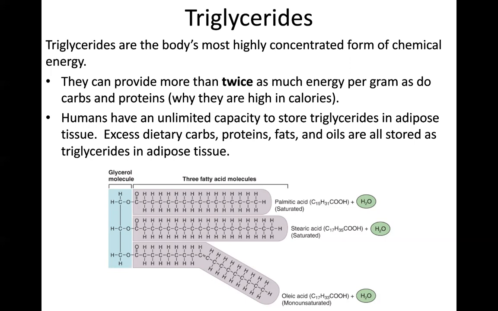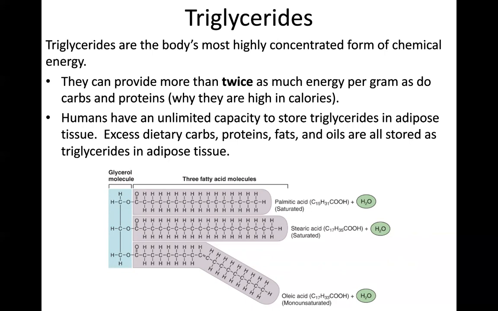Now, we all know what a calorie is, right? You see it on a food label or on the back of a Dr Pepper bottle. If I ask you though, what does a calorie really mean? It's hard to explain a lot of times for students. A calorie is basically just telling you how much energy is in that food or liquid. The more calories, the more energy it provides for our body.